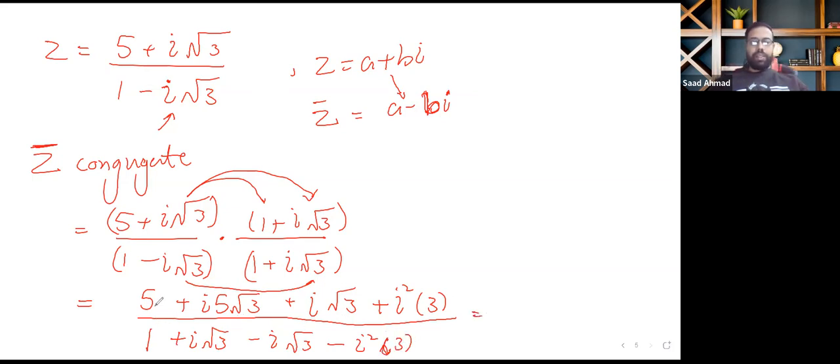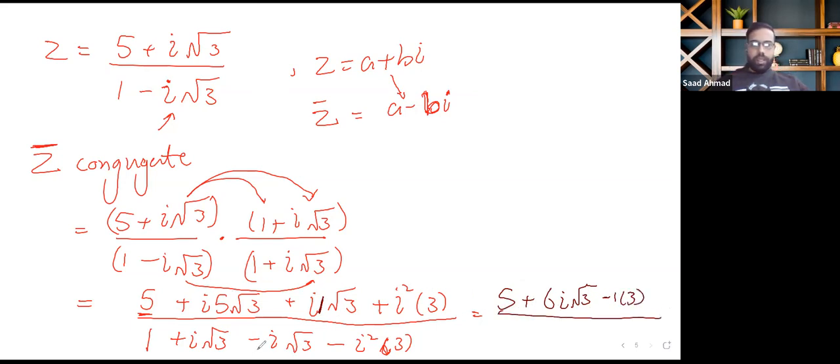Now let's combine the like terms. This is 5, a number, but the i terms we can add: 5 plus 1 will be 6i square root 3, because they are like terms. And i squared is minus 1, so that will be minus 1 times 3.